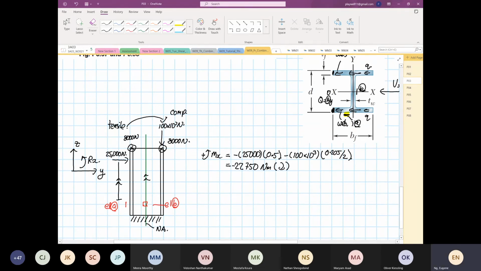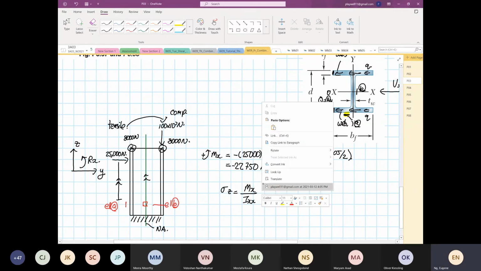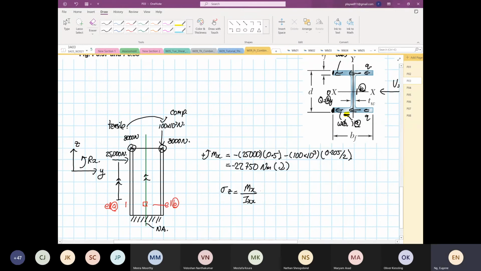So when we put into the formula for stress in the y direction, z, this will be equal to Mx over Ixx multiplied by y.